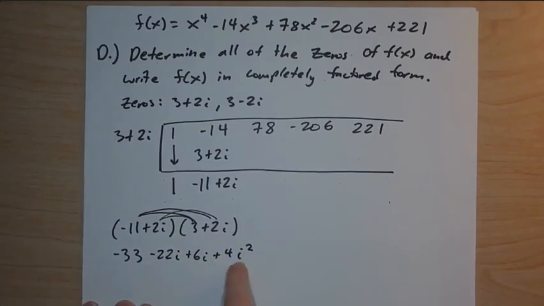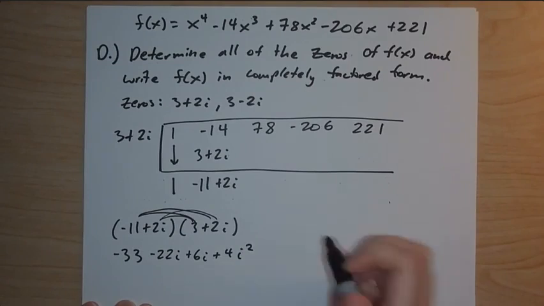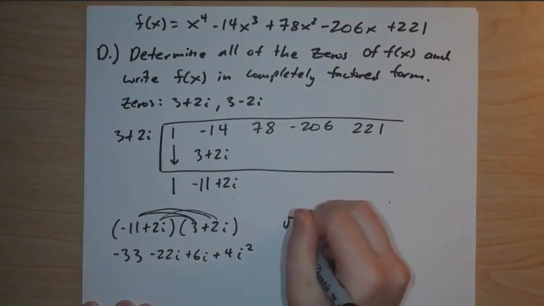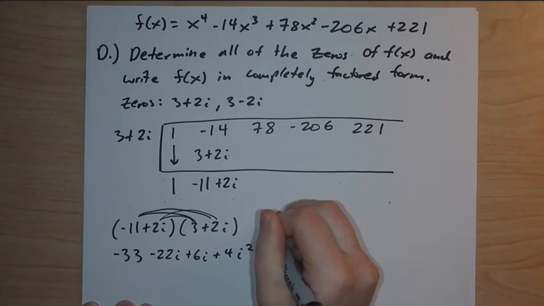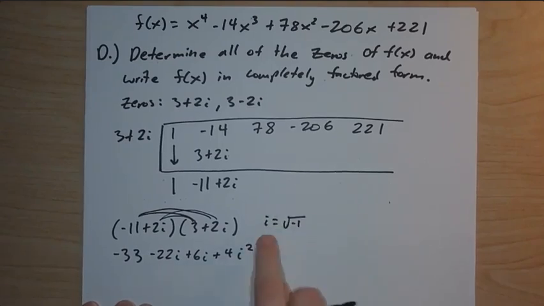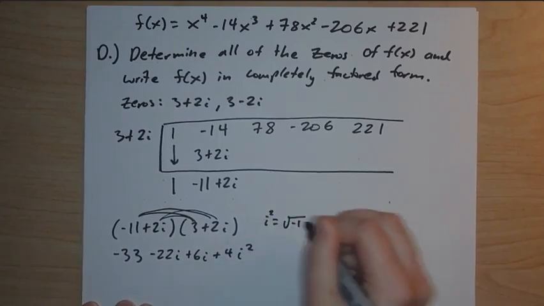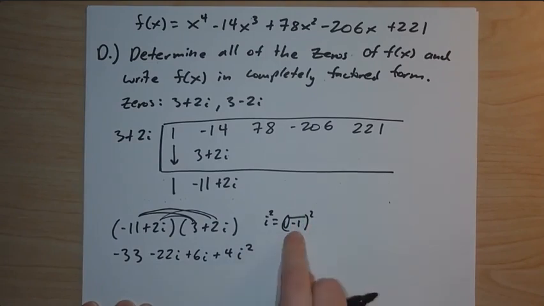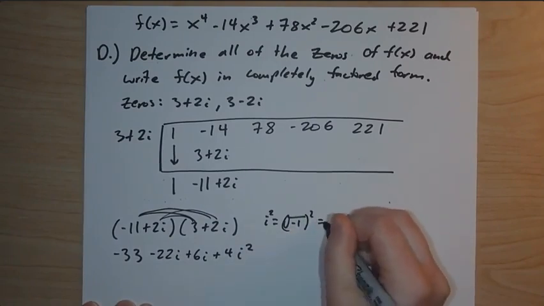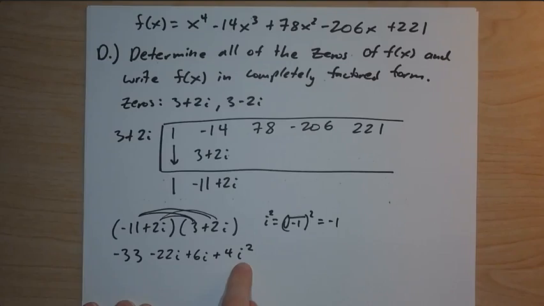I squared, if you remember, i is the square root of negative 1. So if you square this, we have a square root squared, which just gives us negative 1. So this is 4 times negative 1. This is negative 33, and we can simplify the middle part.